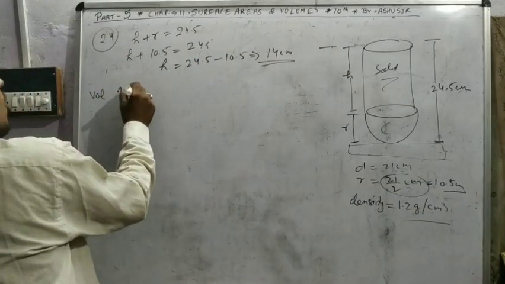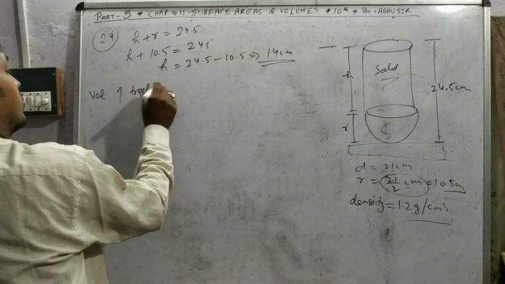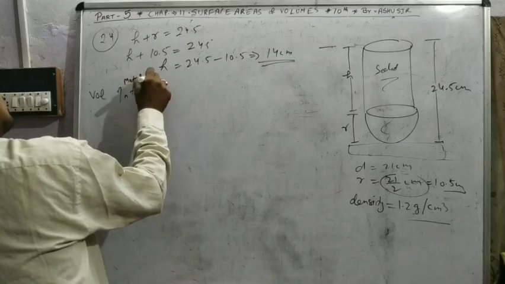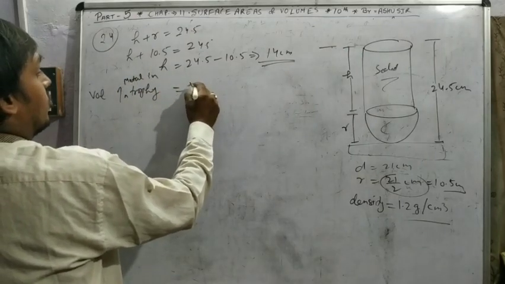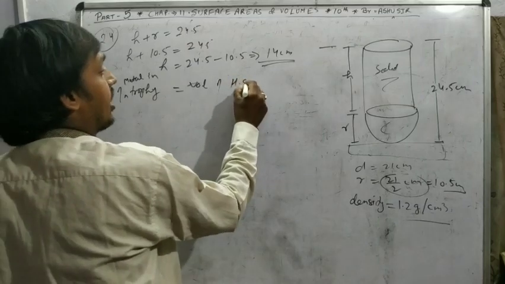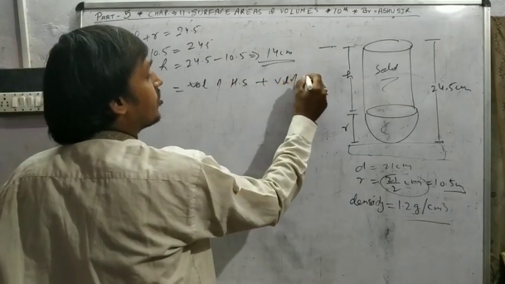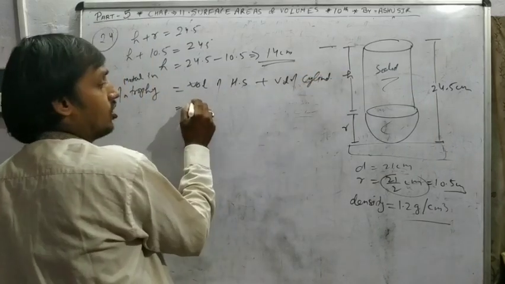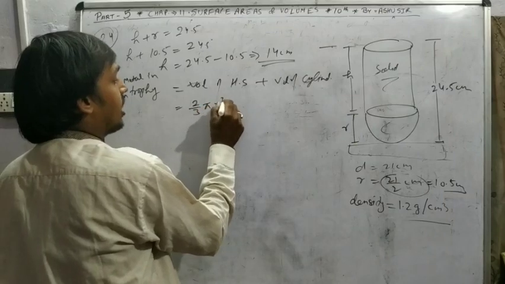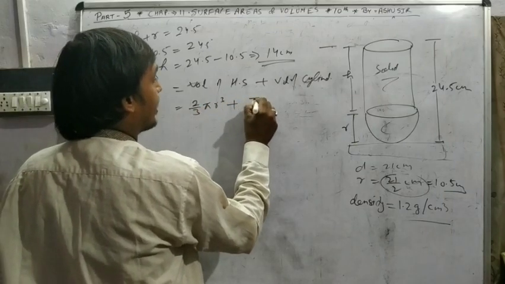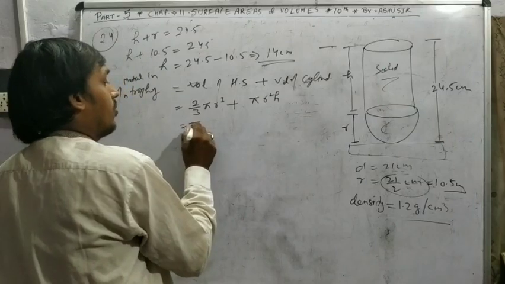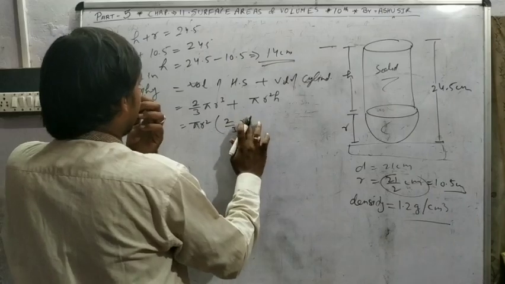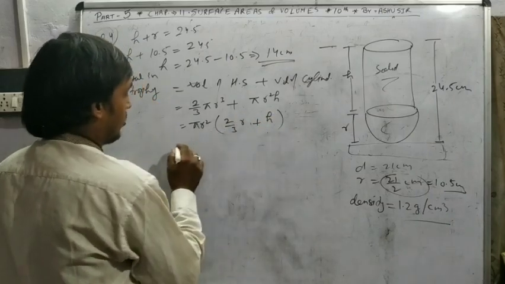So the volume of metal in the trophy is the volume of hemisphere plus the volume of cylinder: 2 by 3 pi r cube plus pi r square h. Pi r square is common, so pi r square into 2 by 3 r plus h.